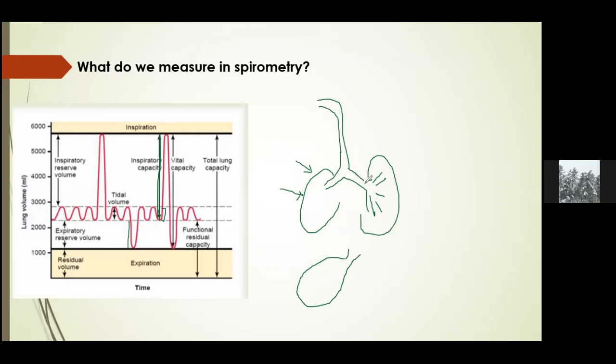However, remember that even the airways do not collapse. They do not flatten. As such, we also have air within the airways. So the remaining air will be trapped within the alveoli, and some of it will be trapped within the airways. So not all of it gets out.